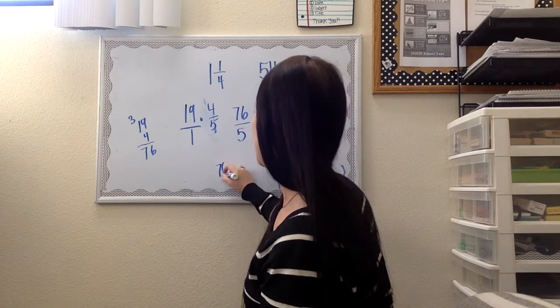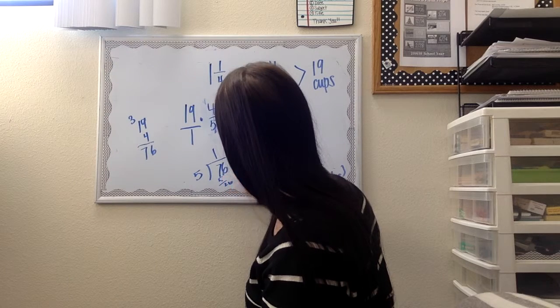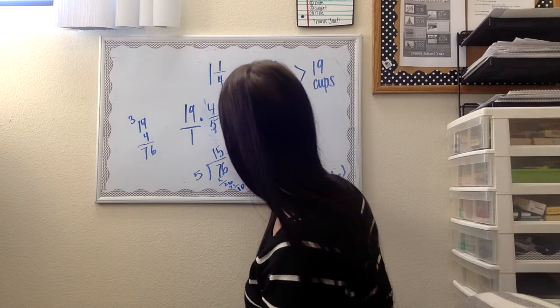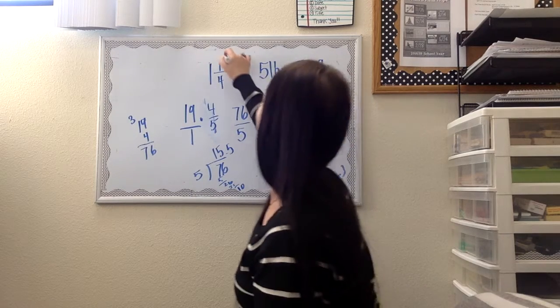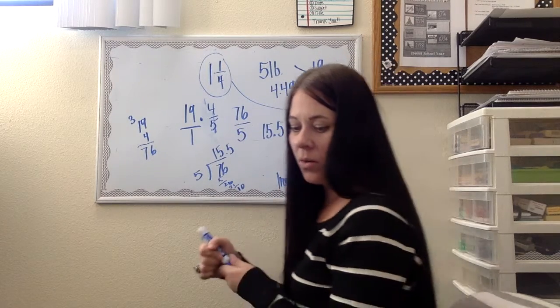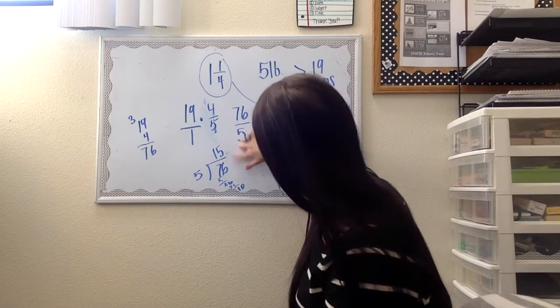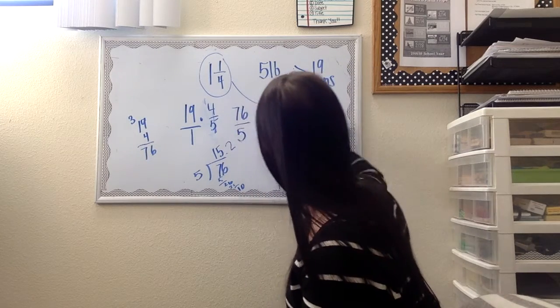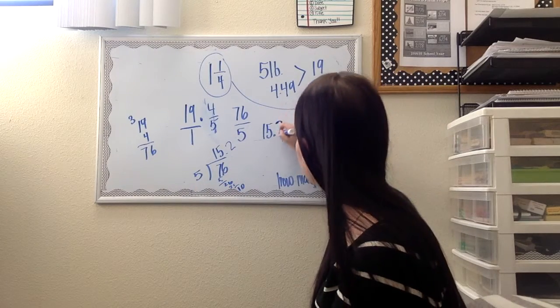And then I'm going to actually get myself a number. So 15 and a half 1 1/4 go into 19. Oops, 15.2, I'm sorry, because 5 into 10 is 2. I'm just doing silly math.